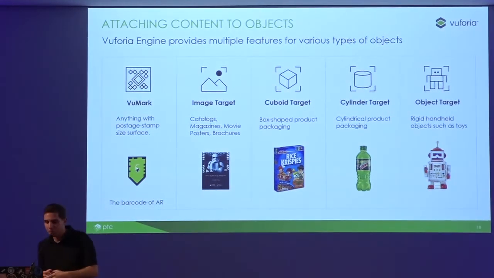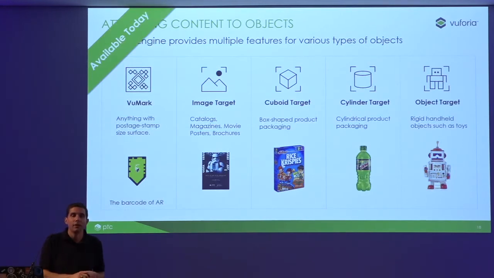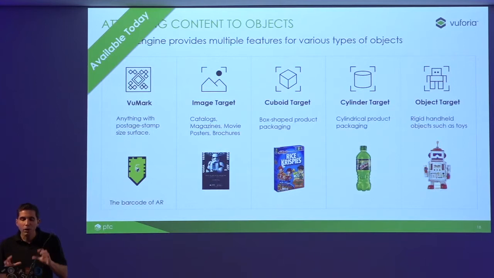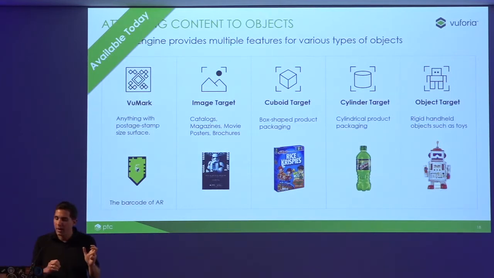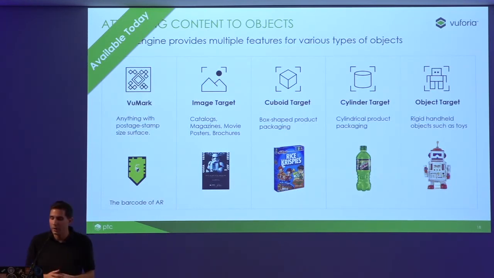All of this is available today in Vuforia 6.5, which is integrated into Unity. Now, what all of these objects have in common is that they all have intricate visual detail. It's this intricate visual detail that allows the computer vision magic to know where the object is in the environment and to properly augment it. But what about objects that don't have intricate visual detail?